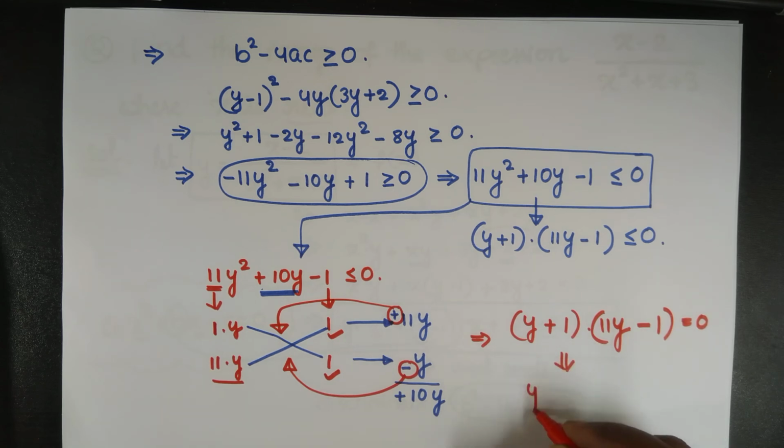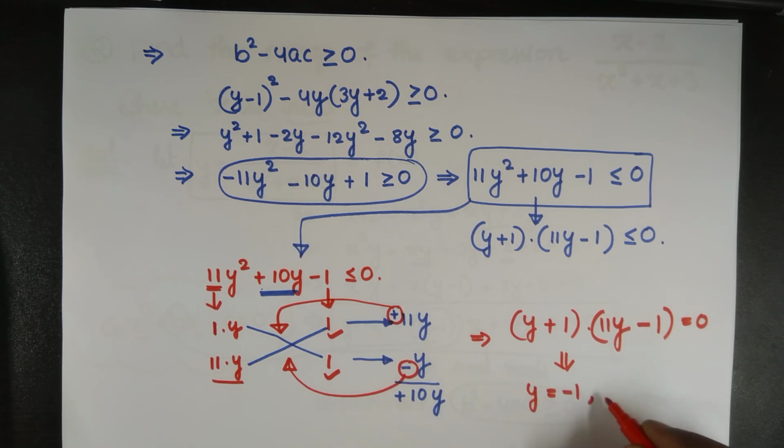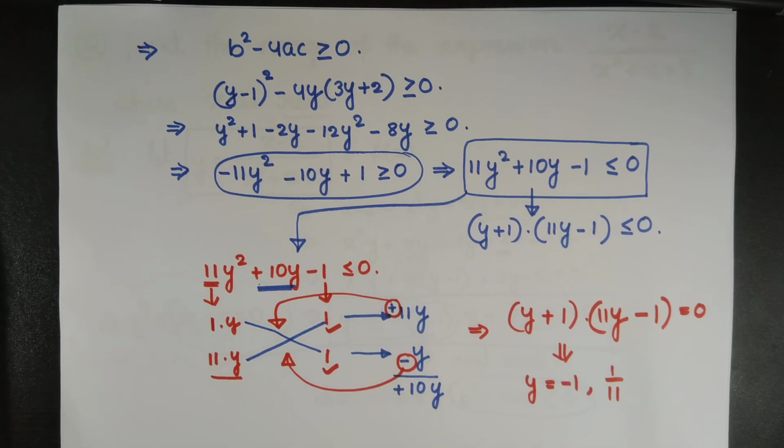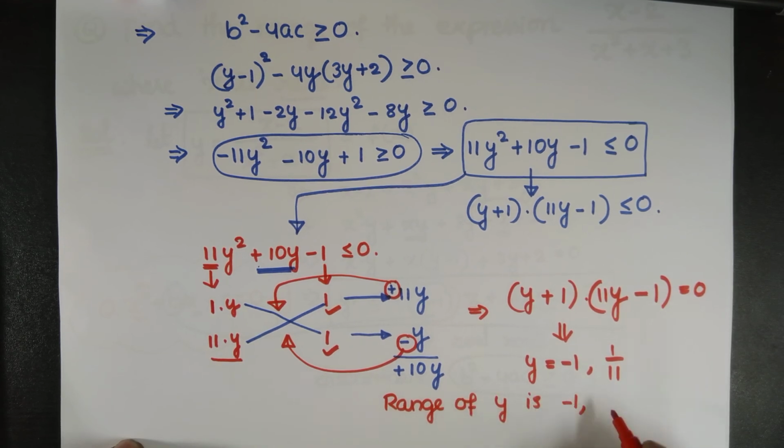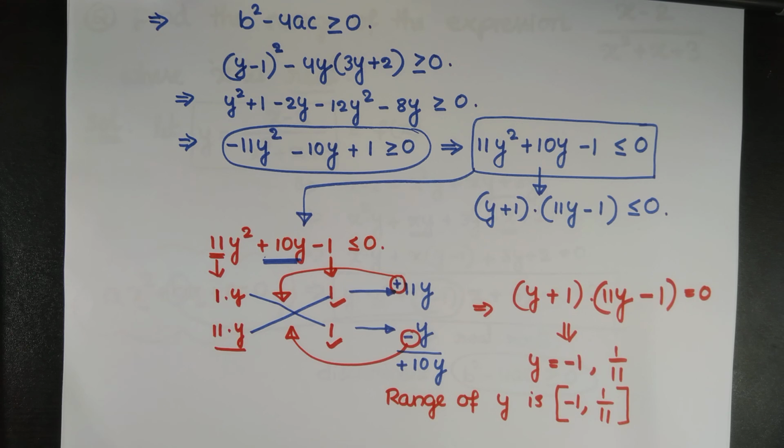So from this we can get y is -1 and 1 by 11. So therefore the range of y, so finally what is the range of y? The answer is this. Finally the range of y is -1 comma 1 by 11. So we can also include -1 and 1 by 11.